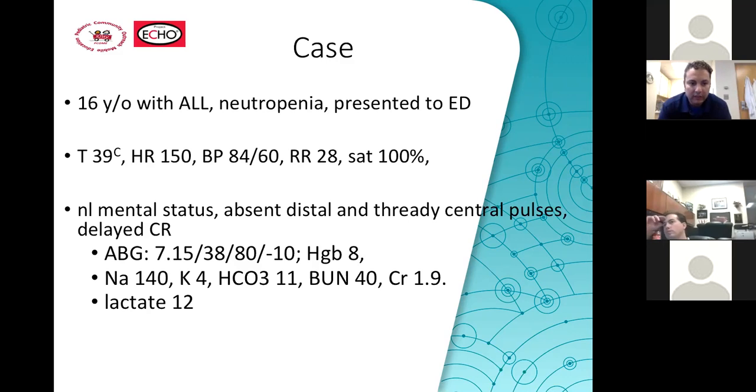Our initial blood gas was pH 7.15, acidosis with a significant base deficit at -10. She was also noted to keep her CO2 and O2 within the range you like to see. She's anemic with some degree of AKI with BUN at 40 and creatinine almost at 2. Her lactate was significantly high at 12.